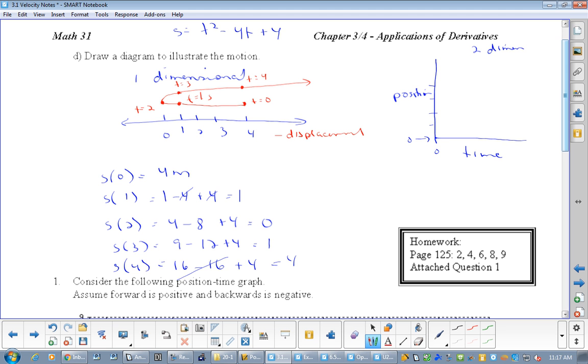And then time 1, 2, 3, 4. So at 0 time, I was at 4 meters. After 1 second, I was at 1 meter. At 2 seconds, I was at 0 meters. At 3, I was at 1 meter again. And at 4, I was at 4. So then you get this graph here.